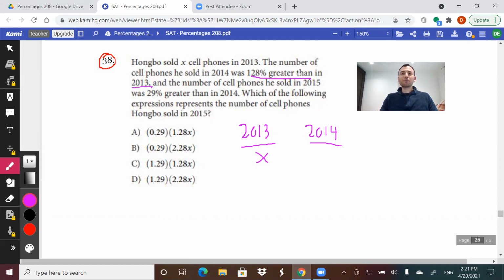So here's where you really have to be careful. Are you multiplying by 1.28 or are you multiplying by 2.28 to get to 2014? Well, if it's greater, it's an increase by 128%. So we think about it, 100% of something, we multiply by 1.0. To increase by 28%, if we want 128% of something, we'd multiply by 1.28.